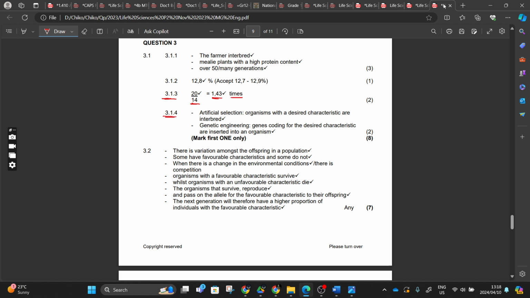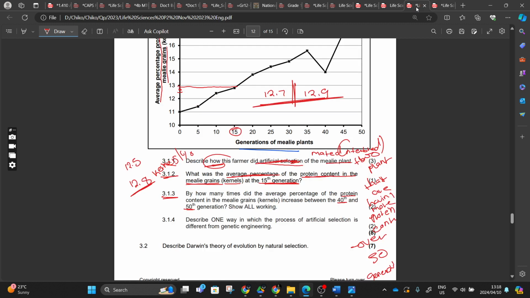So let's go to our question. Number 3.1.4: describe one way in which the process of artificial selection is different from genetic engineering. You'll say that in artificial selection, we will interbreed.